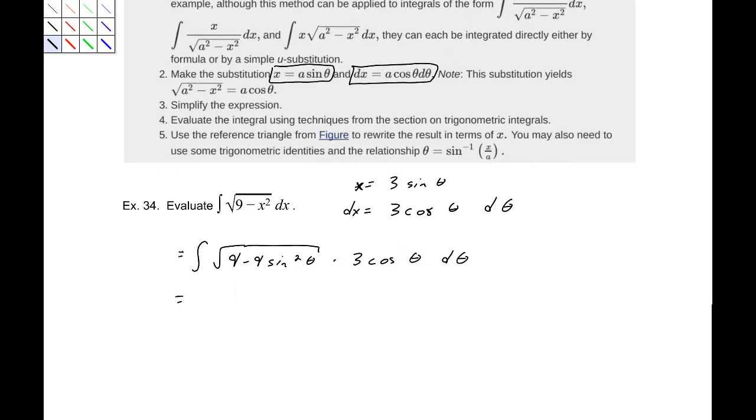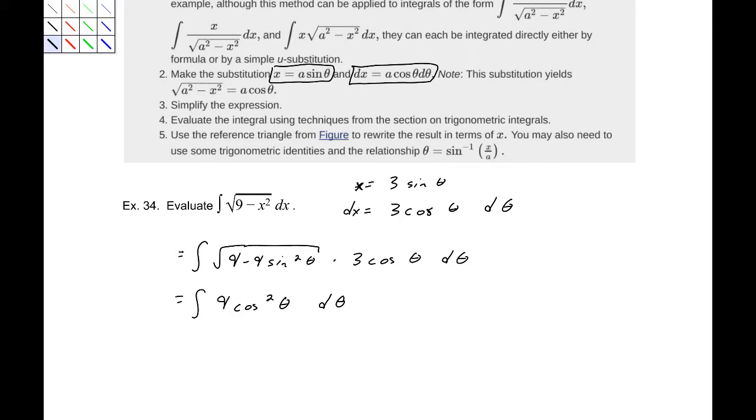This becomes the integral of 3 cosine squared theta. Actually, I'll combine both of those. I was going to say times 3. That becomes 9 cosine squared theta d theta.